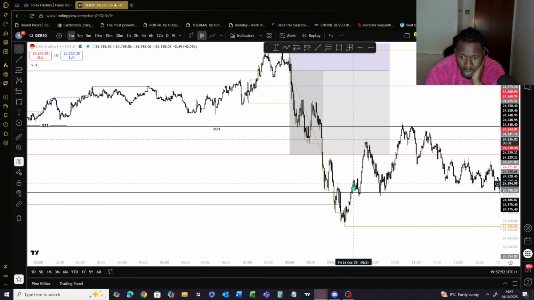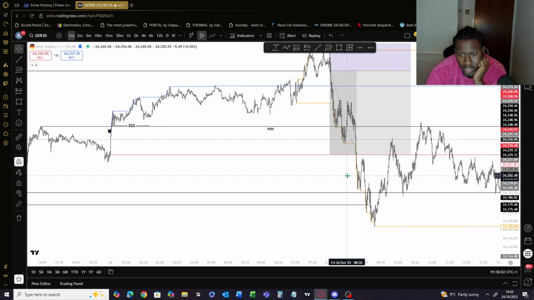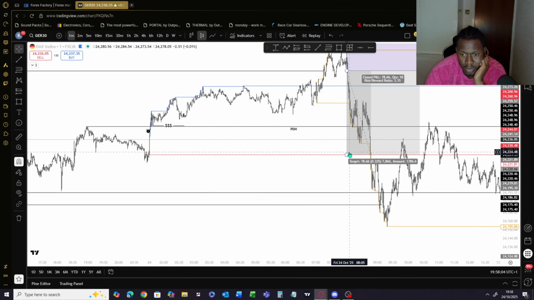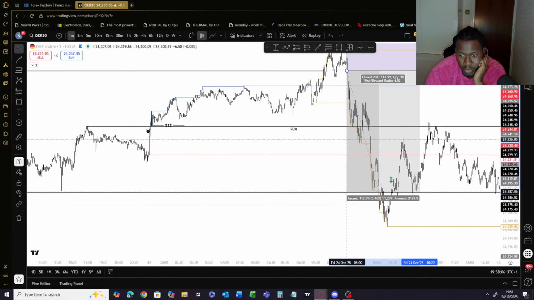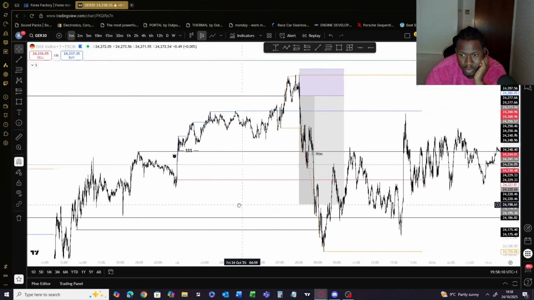Boom. Now we've printed out our first higher high. Yes, our first high out of the sequence. So if we wanted, we could exit here and be cozy with a 4.06 to 1.